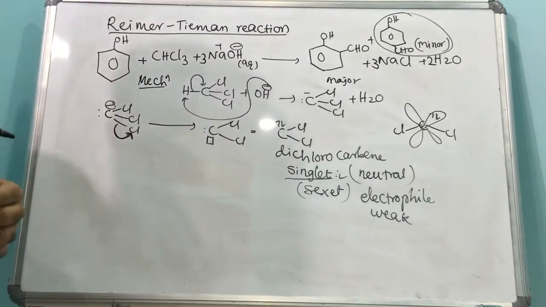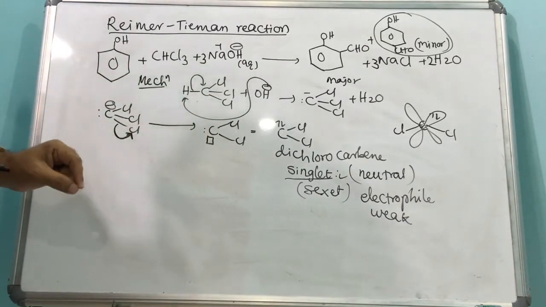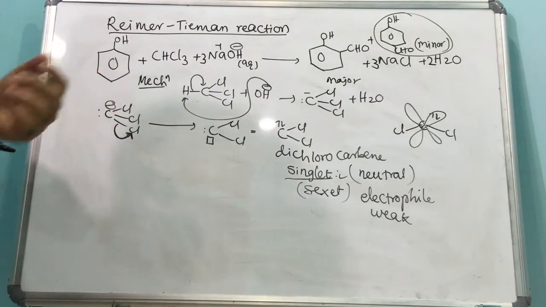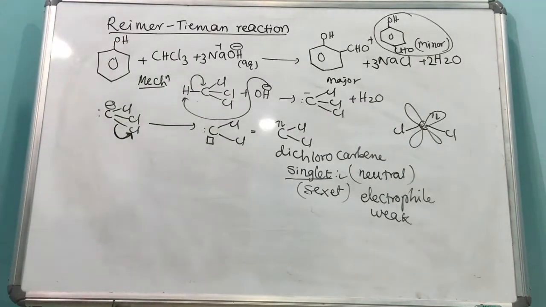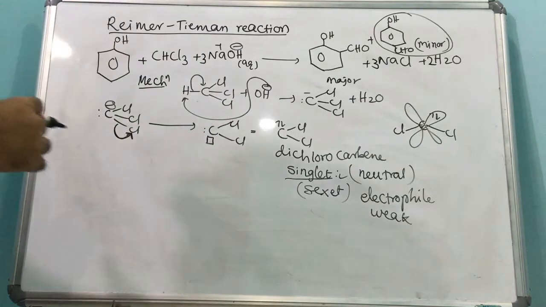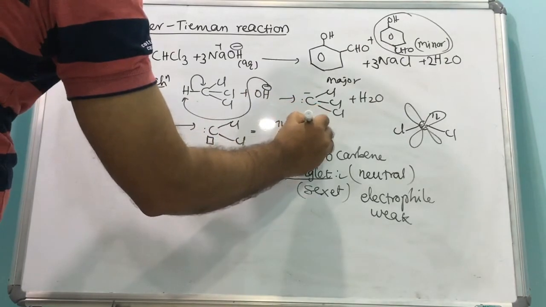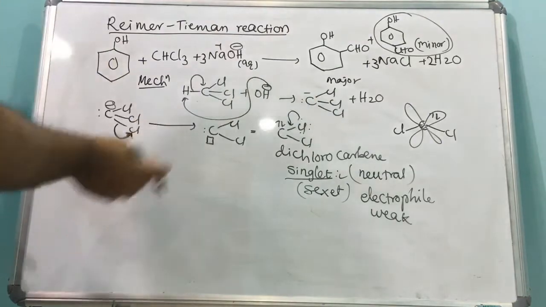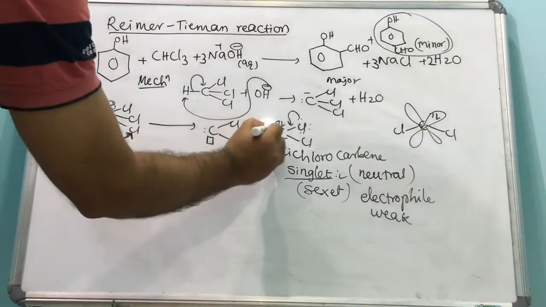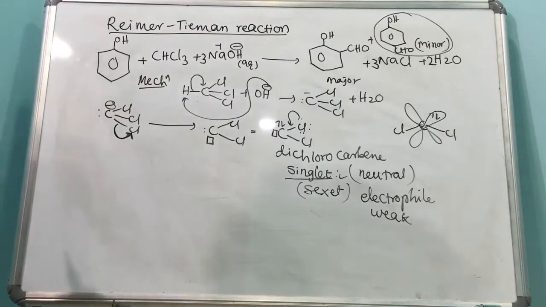Again they may create a question: dichlorocarbene is a weak electrophile due to resonance stabilization, or due to hyperconjugation, or something; they may give the options. Actually it is resonance stabilization, because this pair of electrons on the chlorine is delocalized and somewhat stabilizes this vacant orbital. That's why it is a weak electrophile.